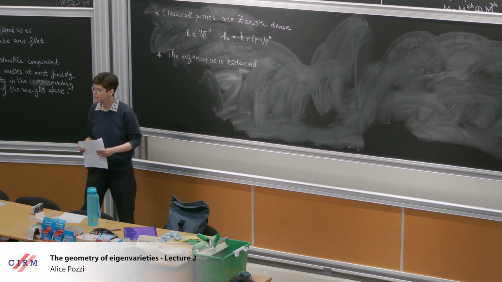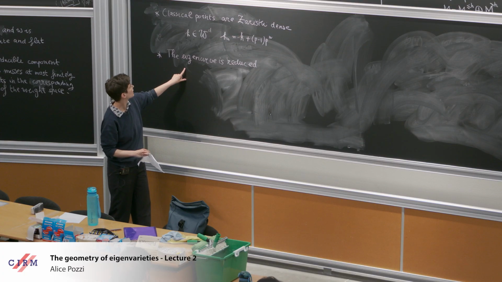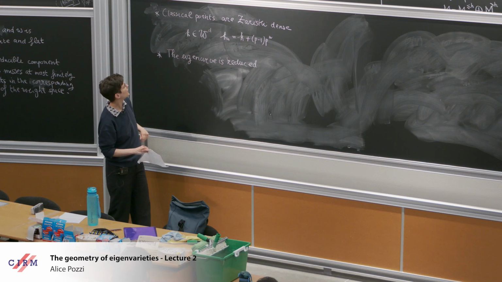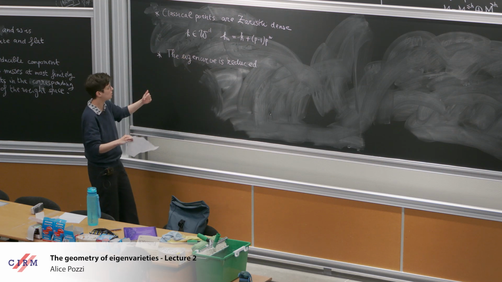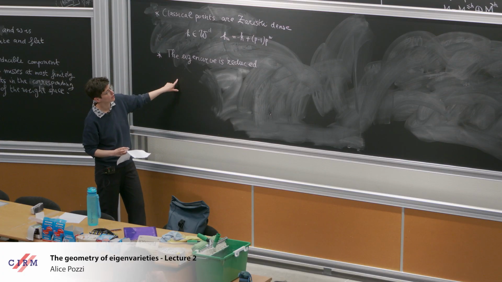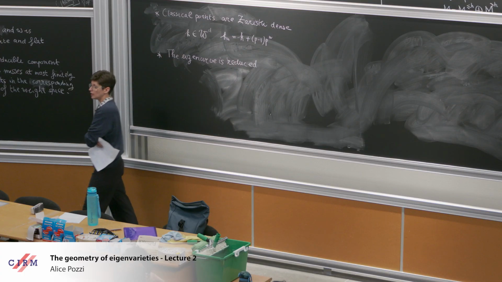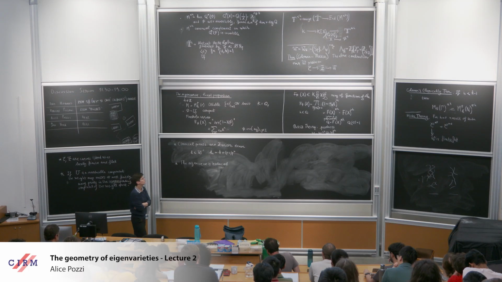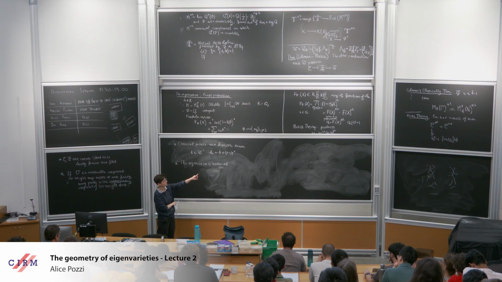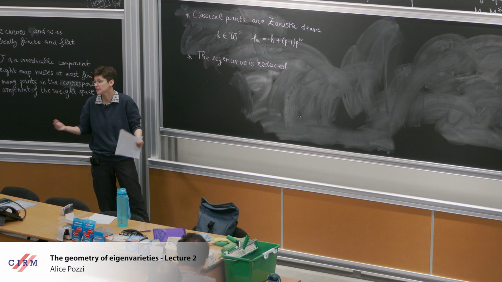That is actually not that difficult to show: if we can find a Zariski dense set of points, such that I look at those points and I look at the corresponding system of Hecke eigenvalues, and I can find that the action of the Hecke algebra on that system of Hecke eigenvalues is semi-simple, then I have reducedness.